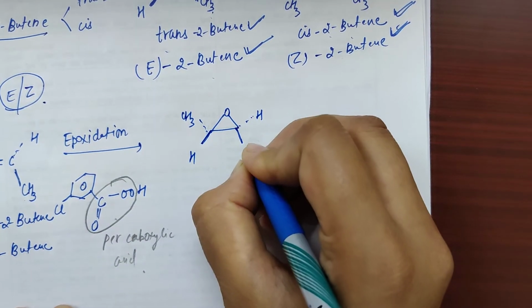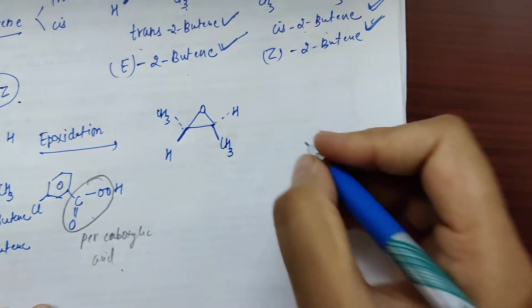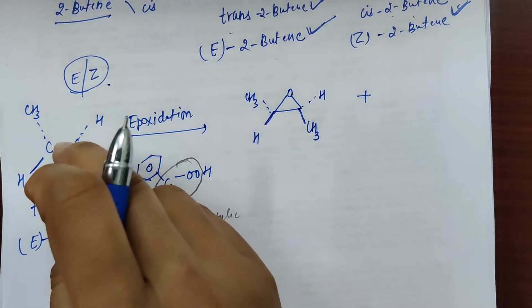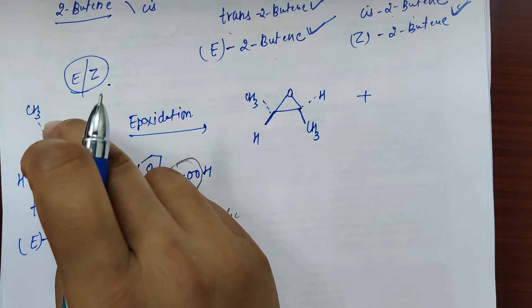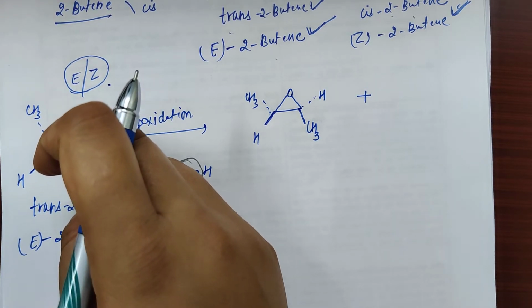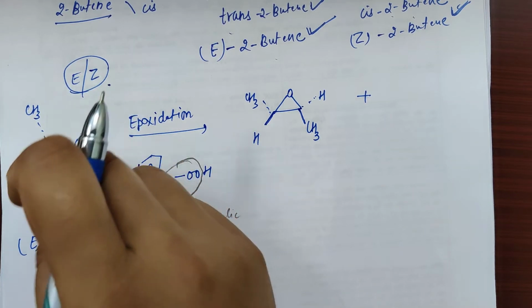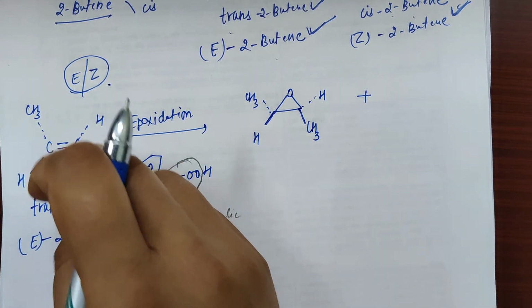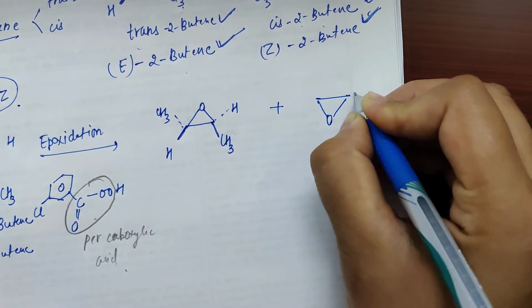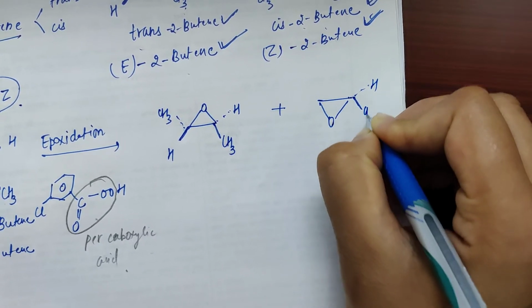So the possibility of epoxide formation is from both sides. The nascent oxygen could get attached from above the plane, or it could get attached from below the plane. So if it gets attached from below the plane, the possibilities are something like this.